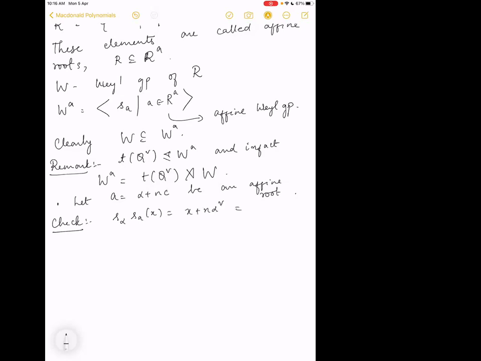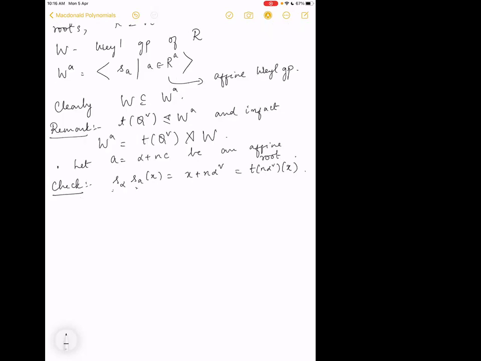So this is T(n alpha check) of x. Because the affine Weyl group contains such elements, I get all the translations with respect to the co-roots inside the affine Weyl group. So this tells me that T(Q check) is a subgroup of W_A.